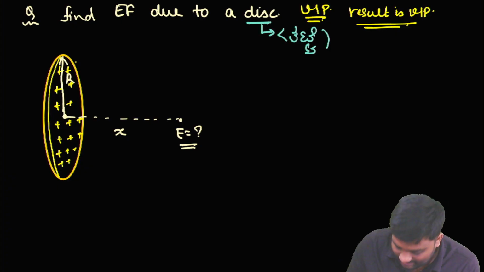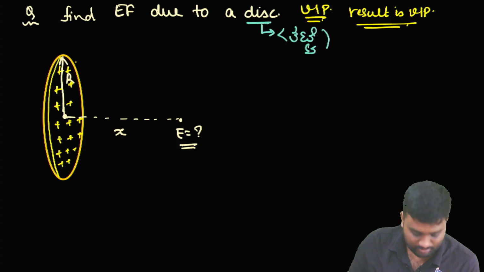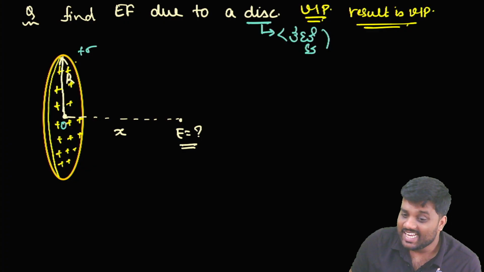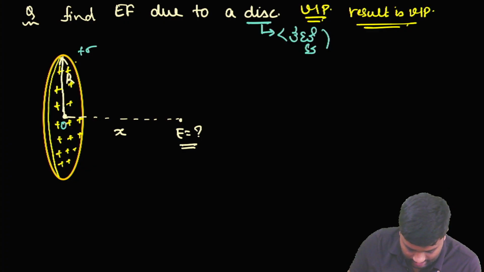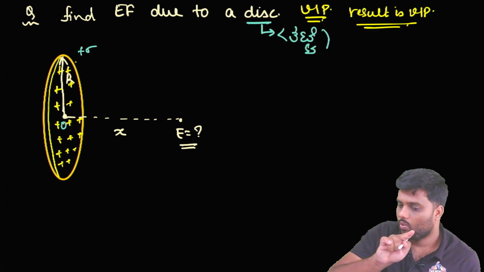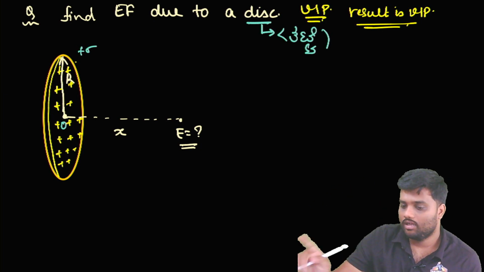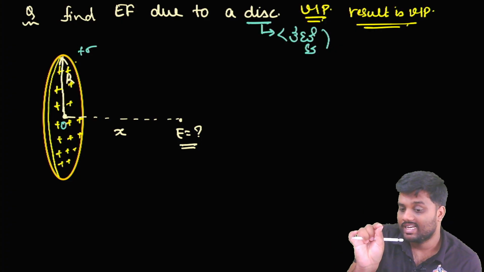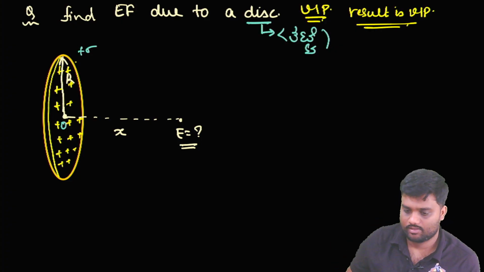So it is the electric field at some distance x from the center of this disc. You need to find it. Now see, here we are using a term called areal charge density. For wire and ring, we use the charge across the length, that is linear charge density.